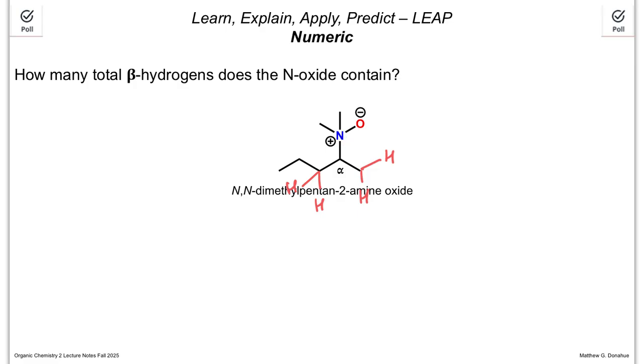That's what we're considering in terms of the hydrogen that's going to be abstracted. So this molecule has 2 beta carbons and a total of 5 beta hydrogens.